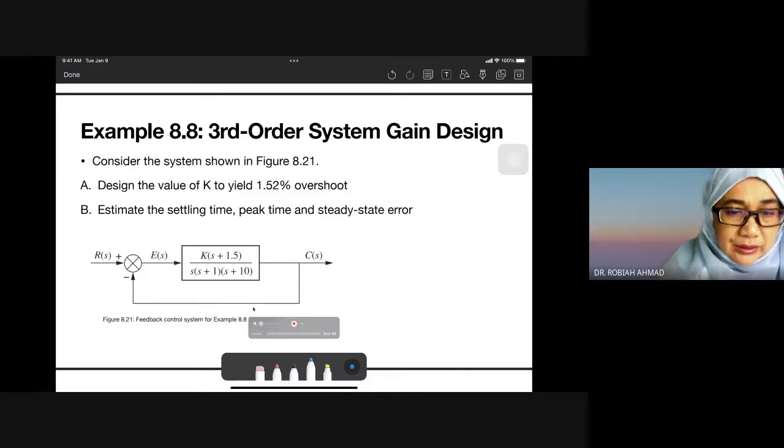The transfer function is K(s + 1.5) over s(s + 1)(s + 10). Now what we have to do is design the value of K to yield 1.5% overshoot, and then estimate the settling time, the peak time, and the steady state error for this system.